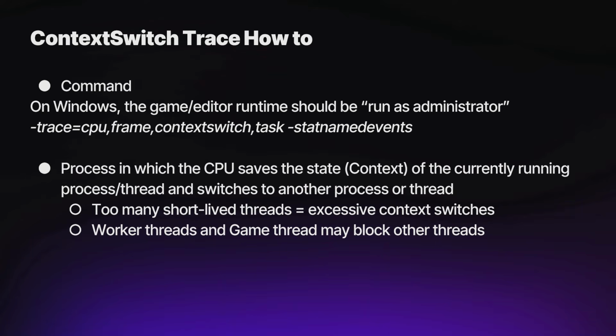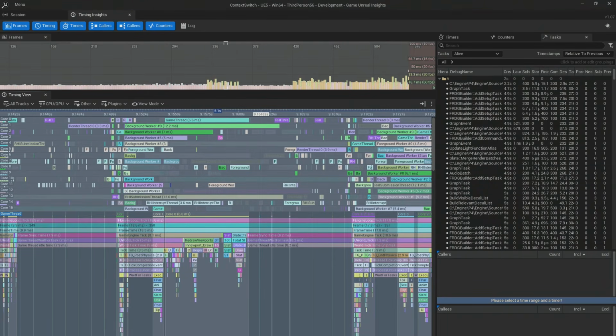Reading these reasons why threads are stacked is extremely important to utilizing Insights. This graph shows which cores were running which threads over time. If one core is dominated by a single thread, it may be blocking others. If switching is excessive, that's another red flag. Check whether your CPU usage is actually balanced and efficient.